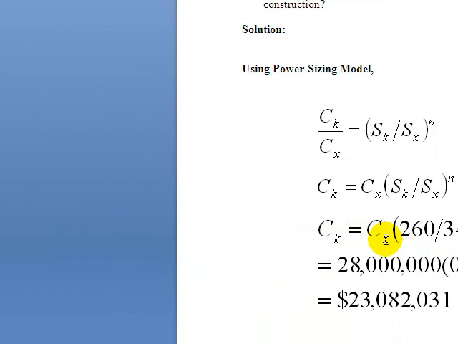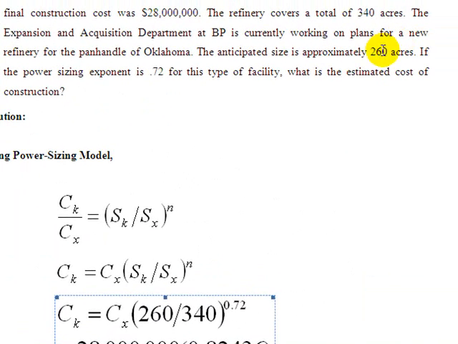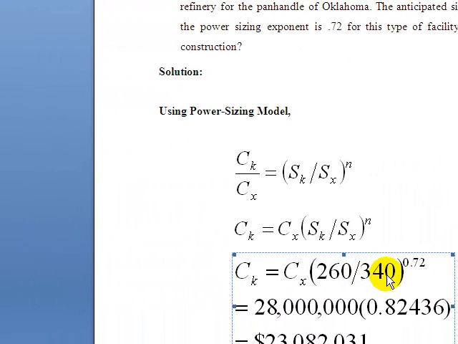C sub x is $28 million. S sub k is 260 acres, the anticipated size of the new refinery, divided by the size of the old refinery in Texas, 340 acres. That whole thing is raised to power 0.72, the power sizing exponent.